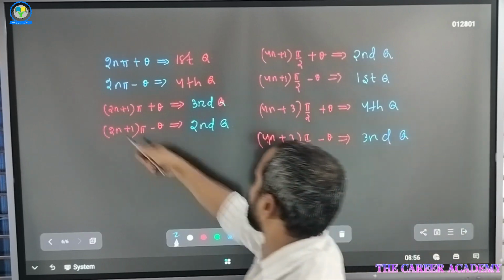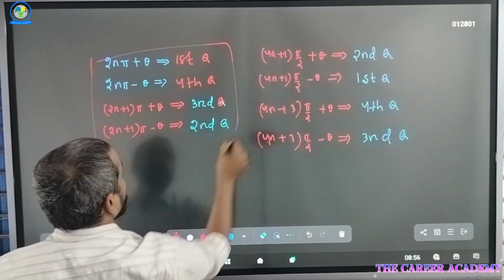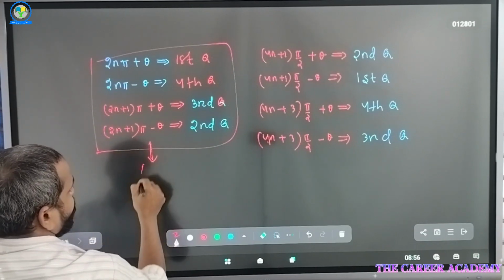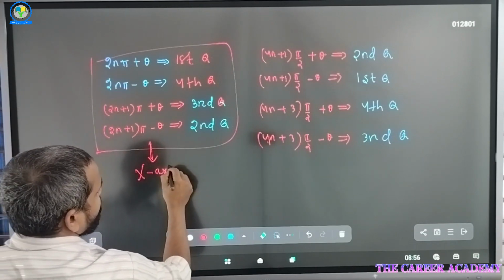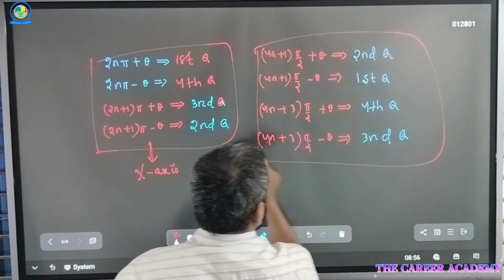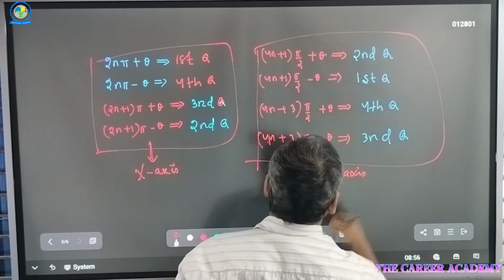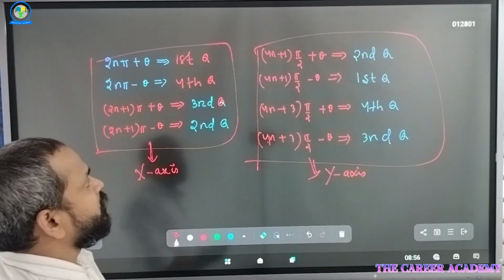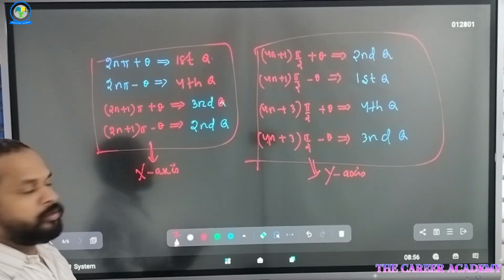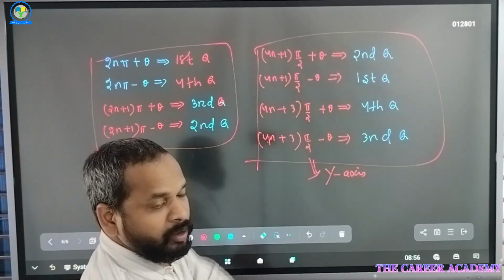Just remember these skills. This is the x-axis, the angle in the x-axis, and this is the angle in the y-axis. Learn these skills. Understand: the x-axis behaves as pi form, the y-axis behaves as pi by 2 form.